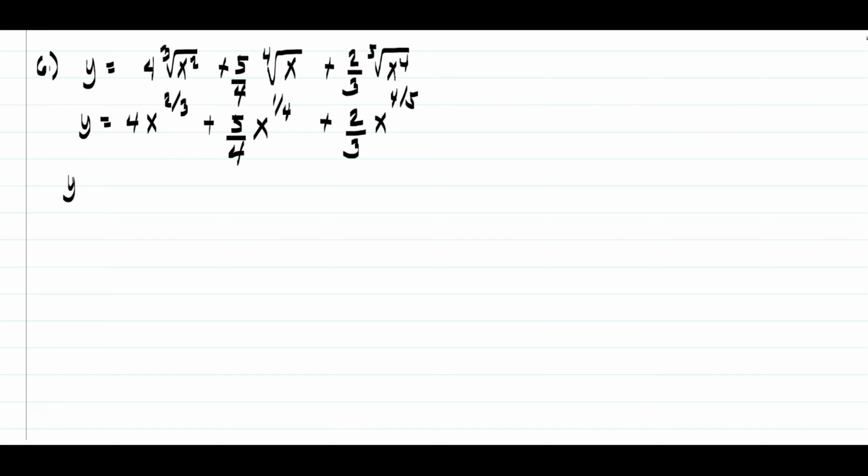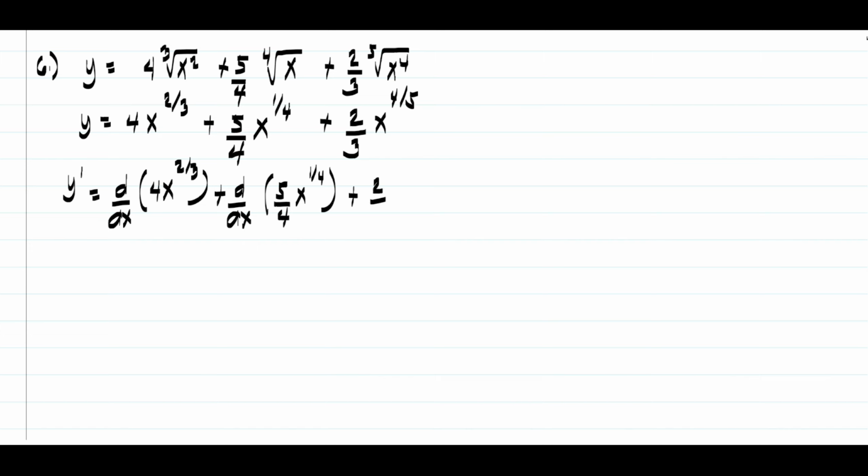We have y prime equals derivative of 4x raised to 2 thirds plus the derivative of 5 over 4 x raised to 1 fourth plus the derivative of 2 over 3 x raised to 4 over 5. So let us have y prime.